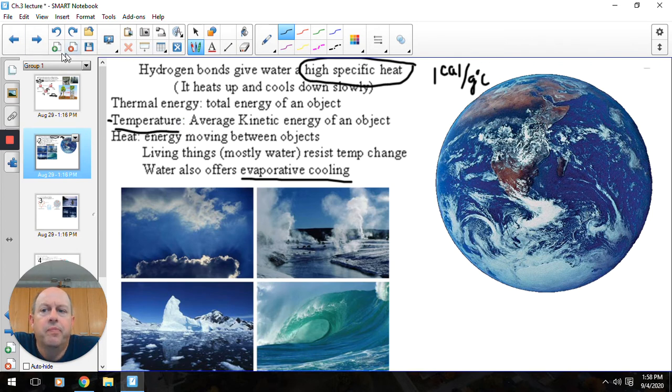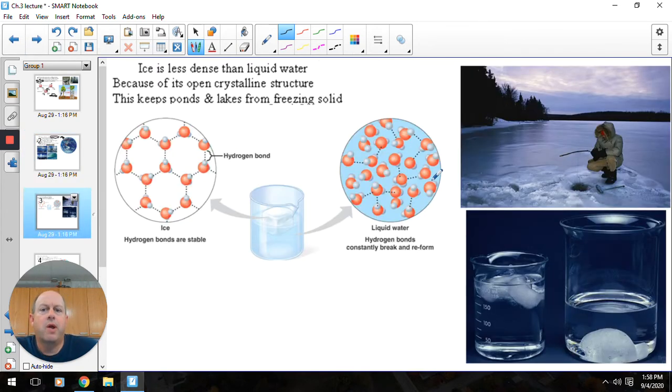Another interesting property has to do with water's density. Typically, something's liquid is going to be less dense than the solid. So a material that is a solid is going to be more dense than if that was melted and turned into a liquid. The density of liquid water is 1 gram per milliliter.